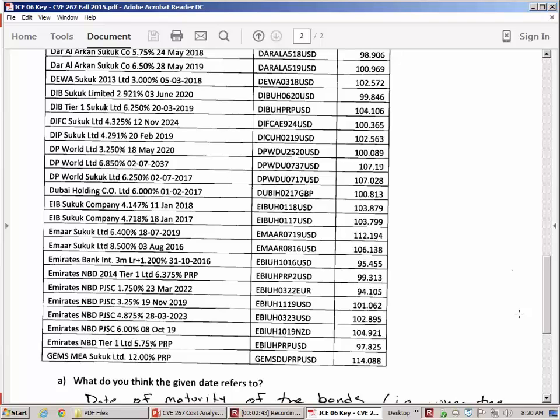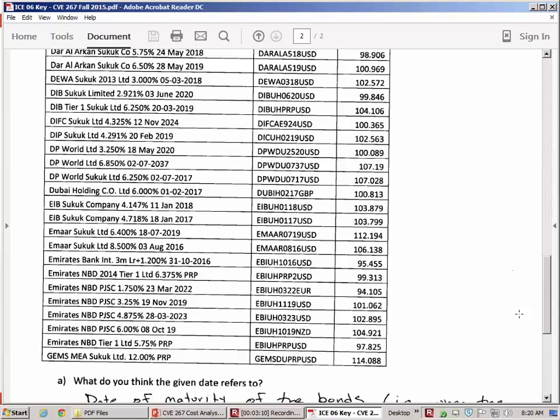I'll find out and I'll get back to you. Sometimes what it can mean is that the company has the option to pay off the bond early, and it might be that when it says PRP that it could be a bond that they're trying to pay off now. Like, look, this one was 2014, so it looks like it should already, I don't know. It's an interesting question. I'll find out and I'll get back to you on that.